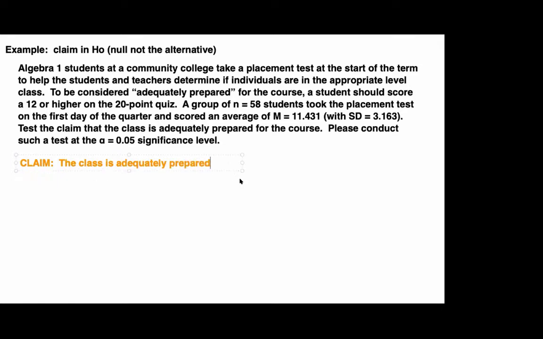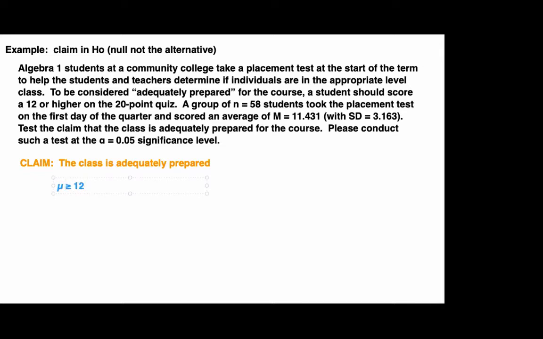But what does adequately prepared mean in this case? Adequately prepared means a score of 12 or higher. So if the class is adequately prepared, then the average score should be 12 or higher. That means the average is greater than or equal to 12.